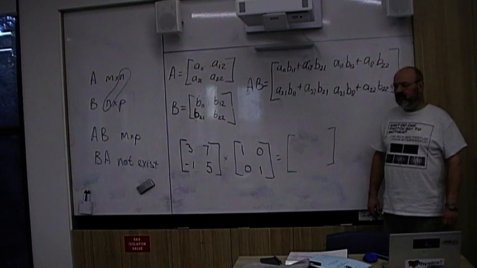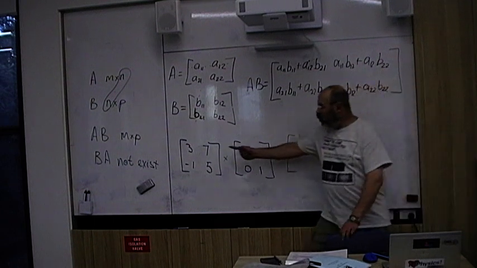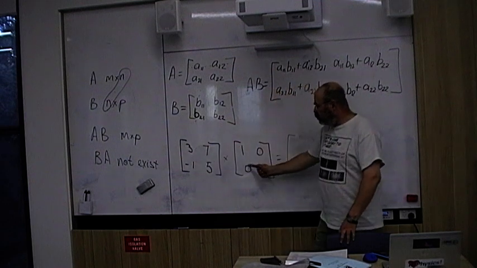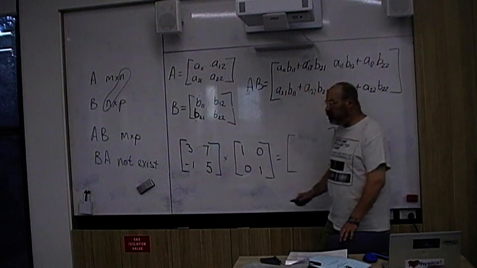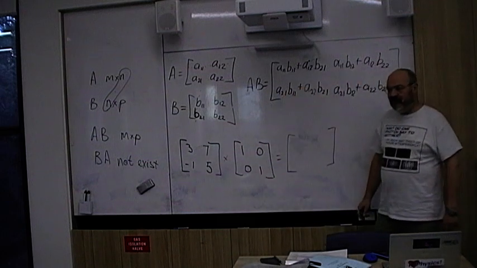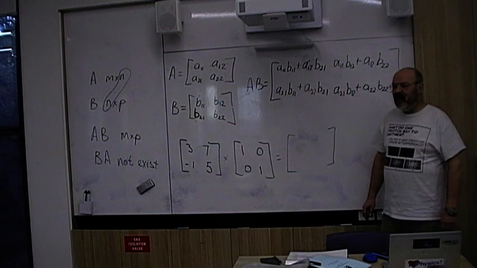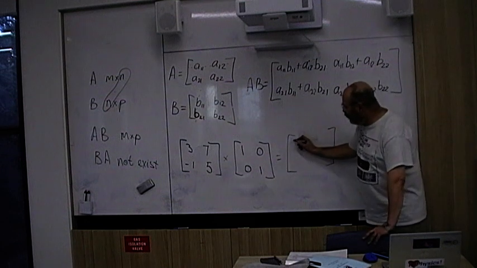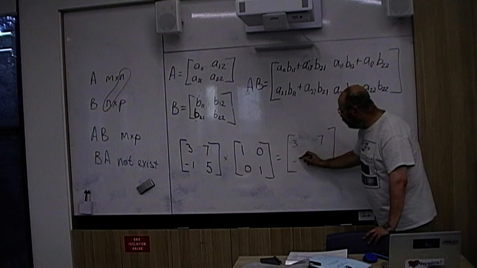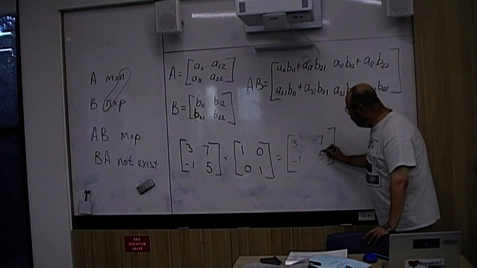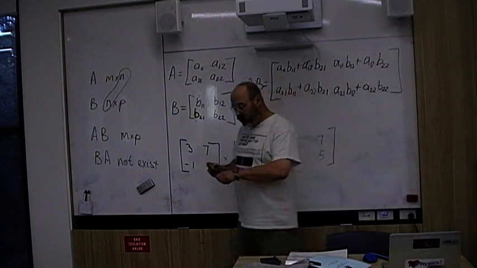First row by first column, 3 times 1 plus 7 times 0. It's just the same as that one, right? Yes, it will become the same matrix. That's what I mean when I say the identity matrix plays the role of the number 1 for numbers.